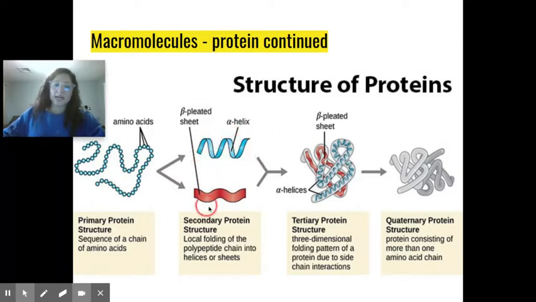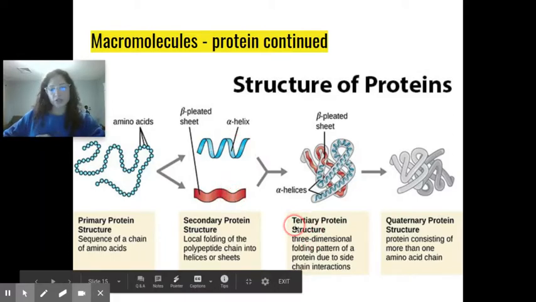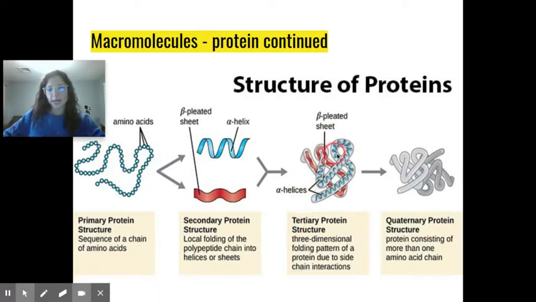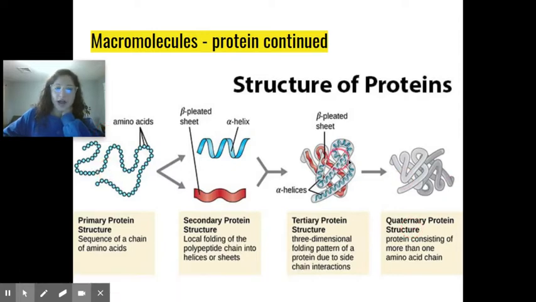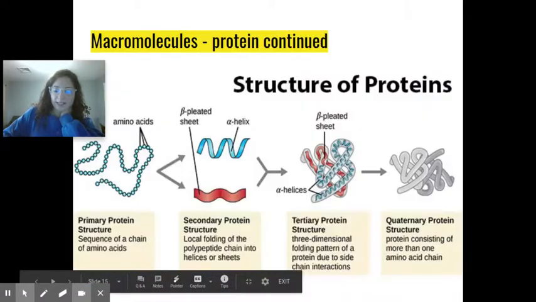Once we get it into this shape, they can come together to form a tertiary structure, the third level of structure. That's when they start to wind up on each other until finally they get to sometimes a quaternary structure, or the fourth structure, where you might put two tertiary structures together. So this is basically the hierarchy of how proteins are put together. In terms of the MCAS, you are responsible for knowing what an amino acid is and that they make amino acid chains.